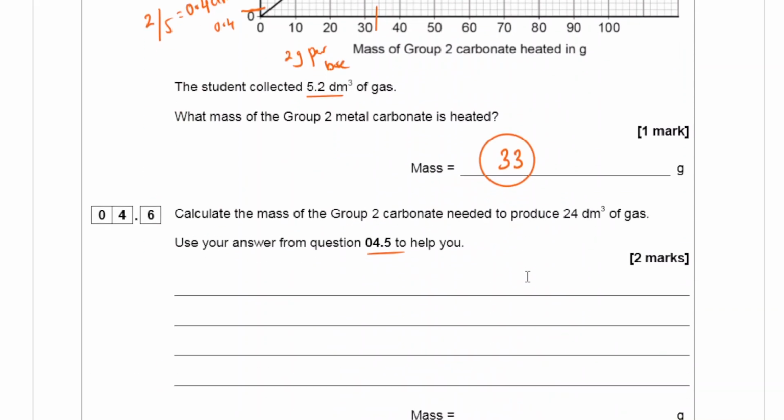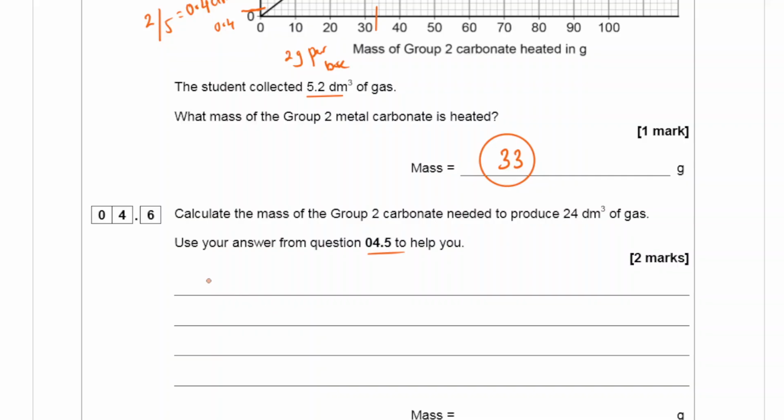The easiest way to work it out is to find the volume of gas produced by 1 gram, or how much mass it takes to produce 1 dm cube.